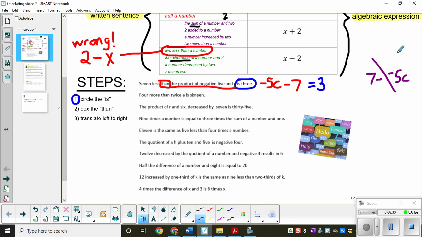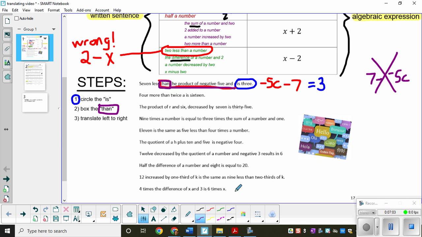This is wrong. The than, when we box it, this helps us catch it when that is the step that we take, y'all. This helps us catch that everything after the than, this part really comes first. Now show me 7 less than that by taking away 7. We are now done. We have translated this. We have 7 less than the product of -5 and c is 3.